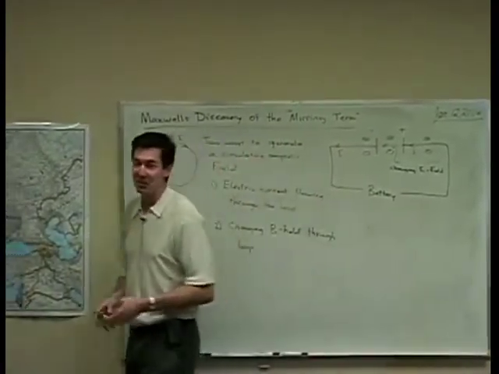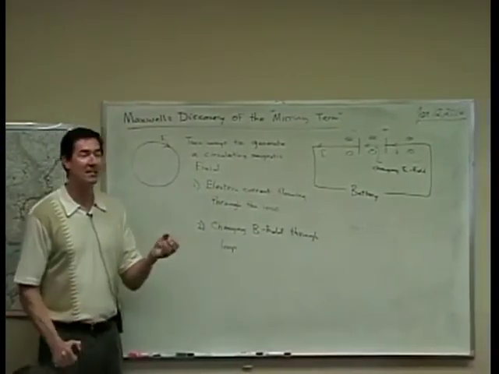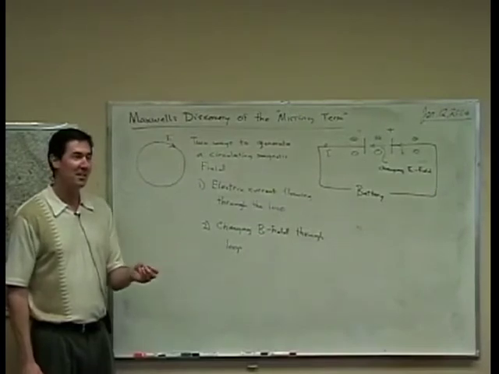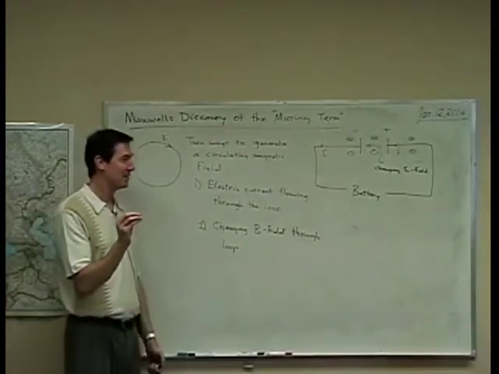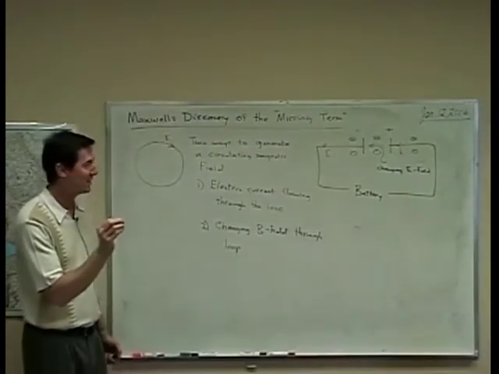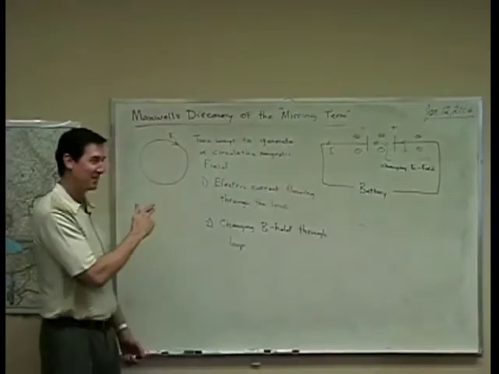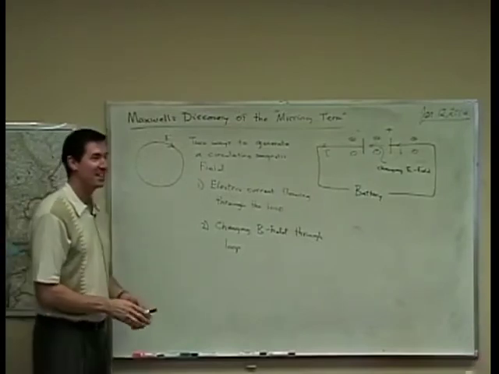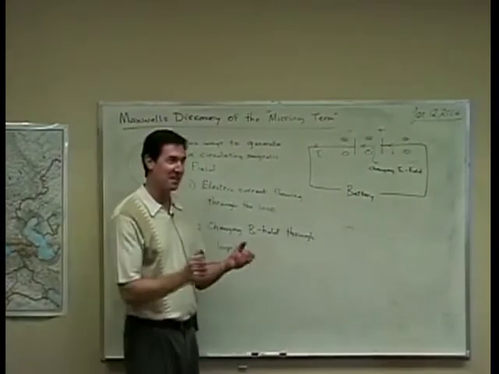Okay, so because there's no, I mean, if there were isolated magnetic poles, then you could take all these little, say, magnetic north poles and throw them through the loop, right? And that would do it. But there aren't any isolated magnetic poles, right?